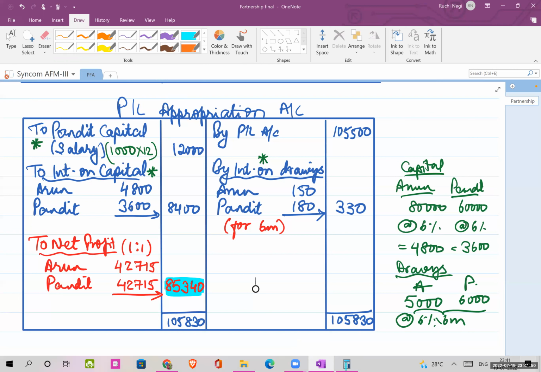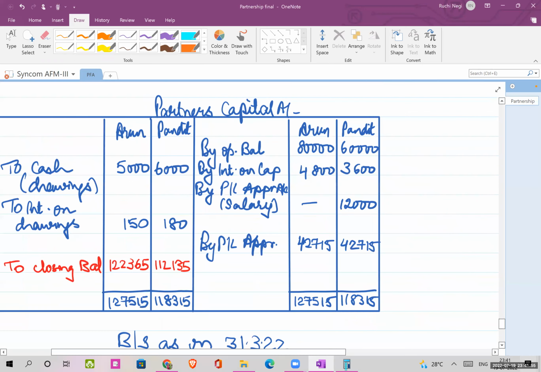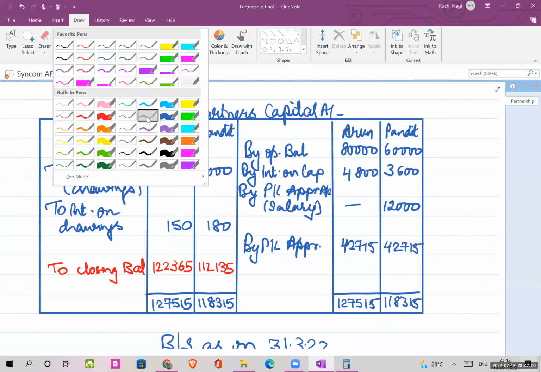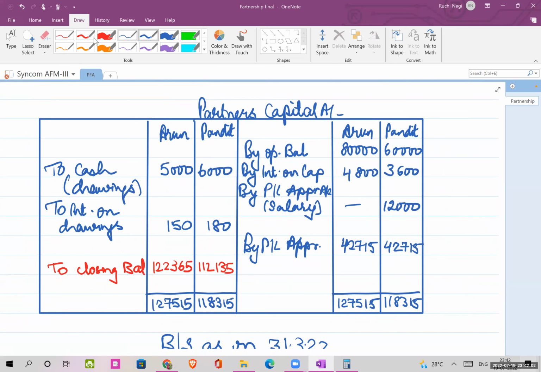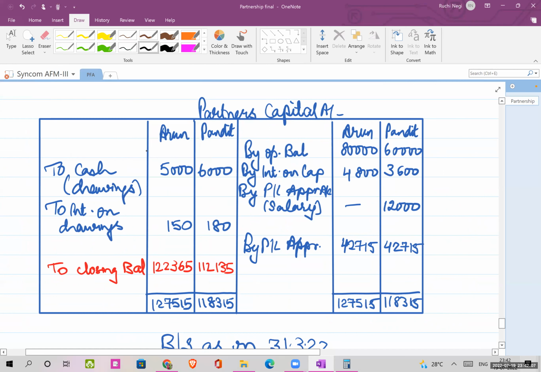Okay, so next will be your partner's capital. ठीक है, तो ओपनिंग बैलेंसेस तो दिया है क्वेश्चन में. फिर इंटरेस्ट ऑन कैपिटल का सेकेंड इफेक्ट, P&L appropriations debit, second effect, partners capital credit.